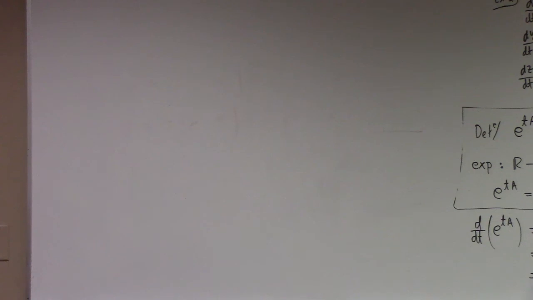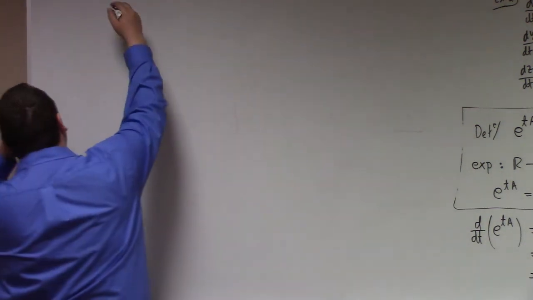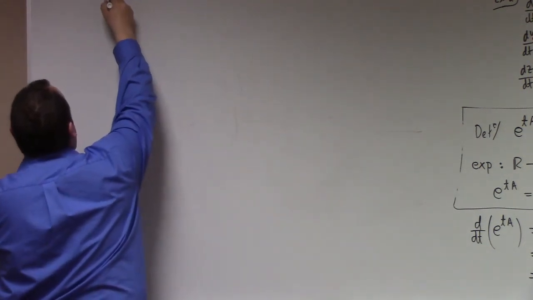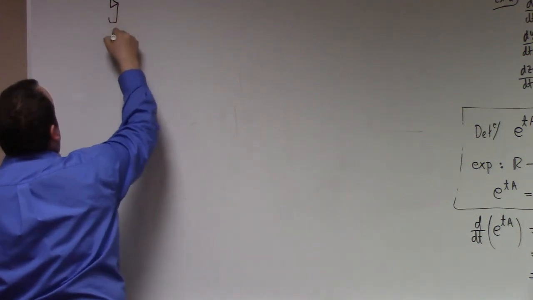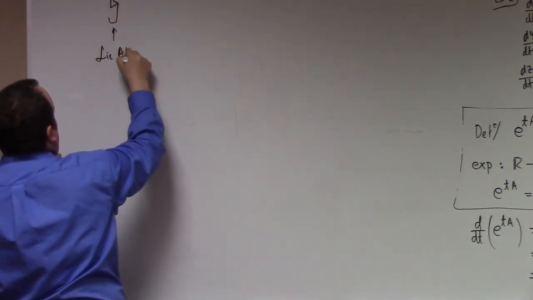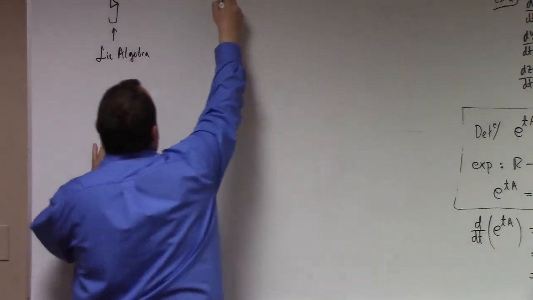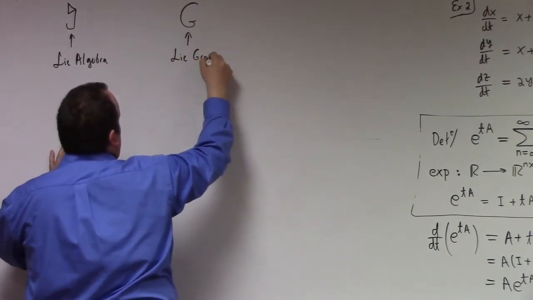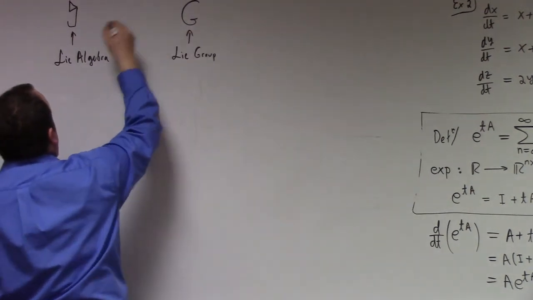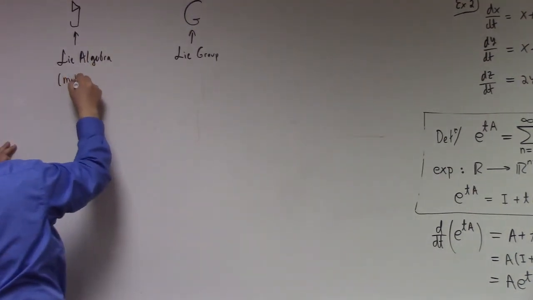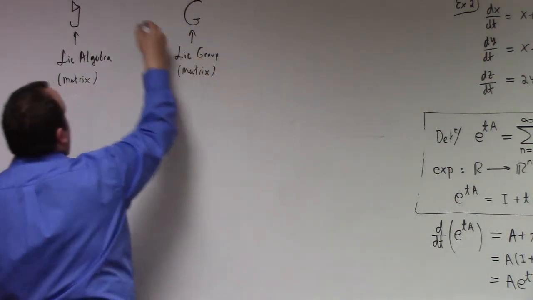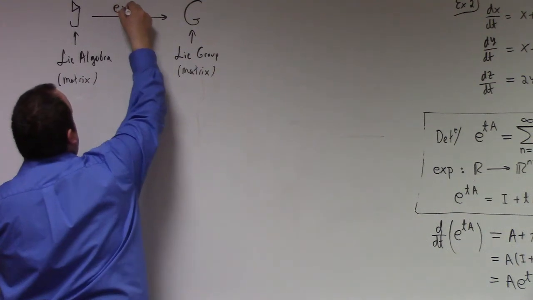Okay, we got just enough time for me to get into trouble. So if we have, well, more generally, there's a story I can tell, which is that there's a Lie algebra, and over here, there's what's called a Lie group. And if these are both matrix, there's a more abstract notion of these things, but the matrix exponential takes you from one to the other.